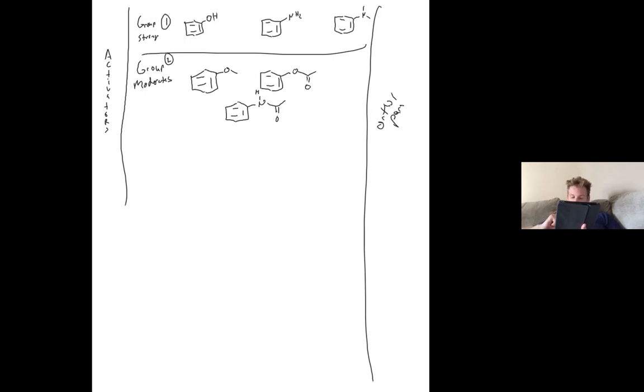The reason that these are kind of moderates, especially looking at the ester and the amide, is that we do have this resonance into the ring. But we also have this resonance over to this side. So we're kind of splitting our resonance between those 2 directions. And instead of donating 100% into the ring, it's donating 50% into the carbonyl, 50% into the ring. So it's not as good of an activator, but it is still in this pretty medium or moderate one.